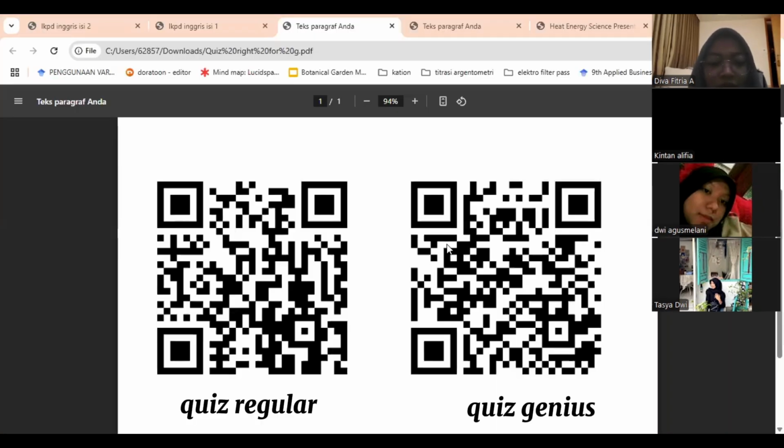So for Putri Yuni, you can please use the code on the right side, and the rest of you use the code on the left side.